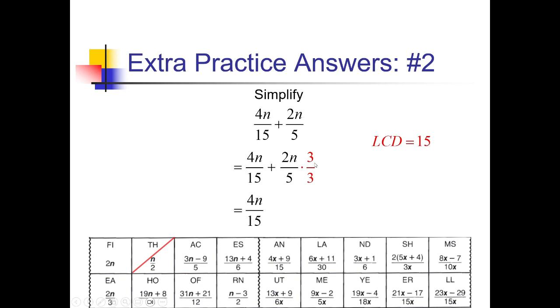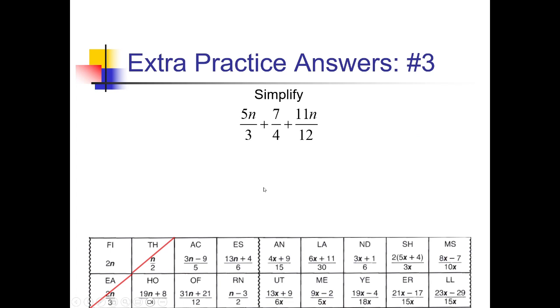Second fraction, 3 times 2n is 6n, and then 3 times 5 is the 15 that I was trying to get. 4n plus 6n gives me 10n over my denominator of 15. And then 10 over 15, I can reduce that by 5 to get me 2 over 3. So then I have a 2n in my numerator and a 3 in the denominator. Looking for 2n over 3, and I see that down here in the lower left. Let's cross that off. EA is gone, and we go on to the next.